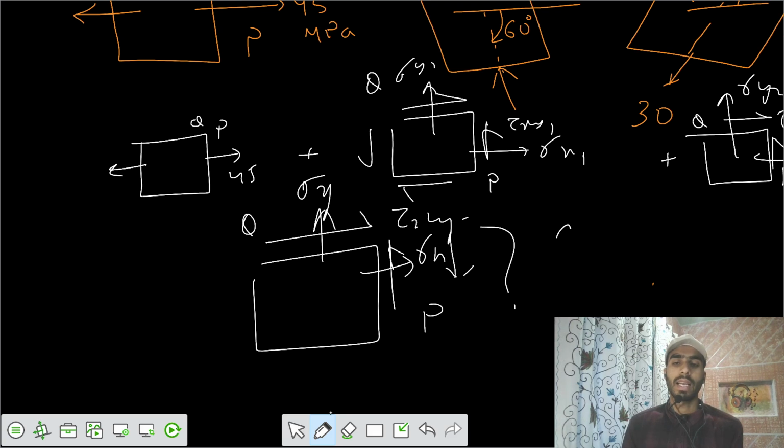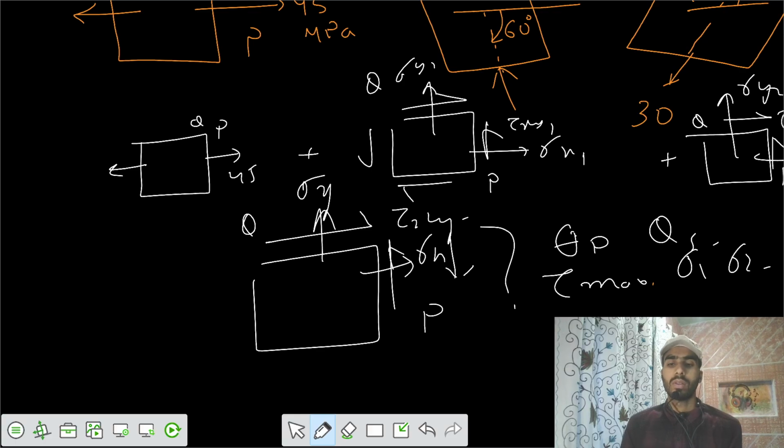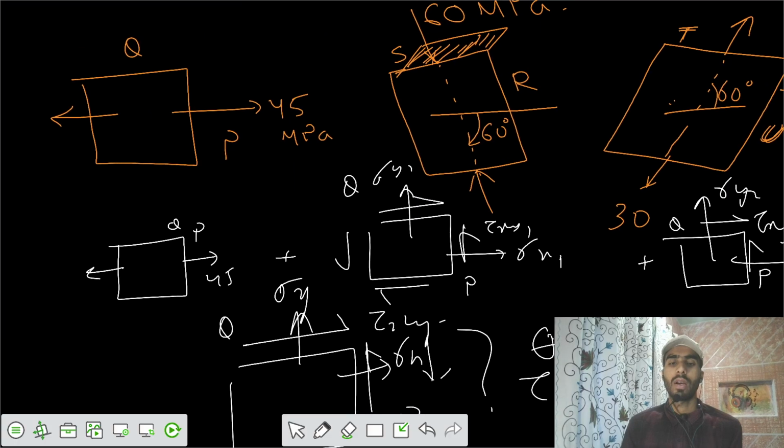Then I can directly get theta p, theta shear, tau max, sigma 1, and sigma 2. So this is the procedure by which this problem has to be solved.